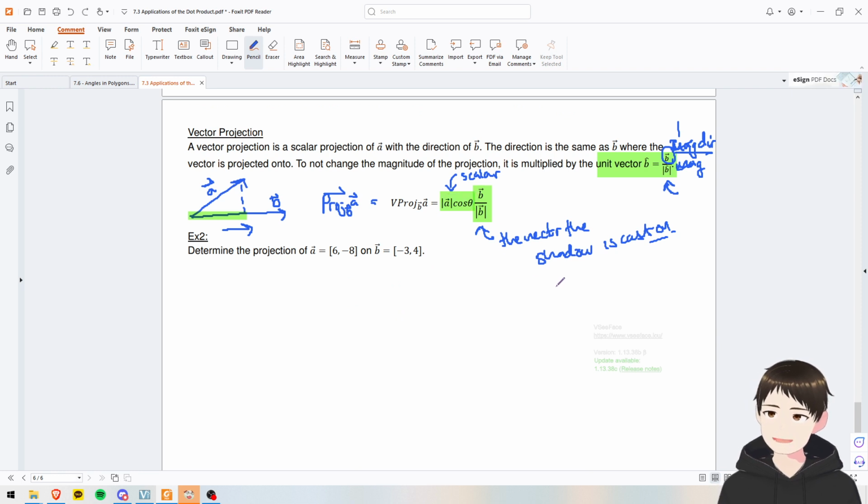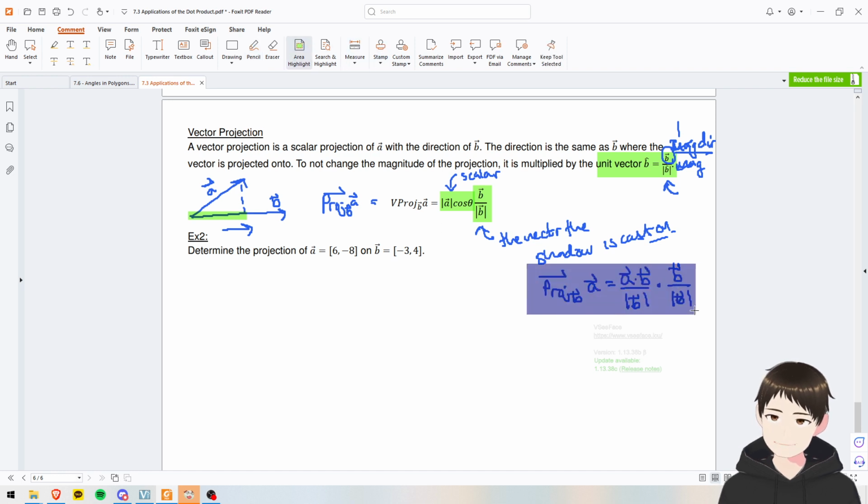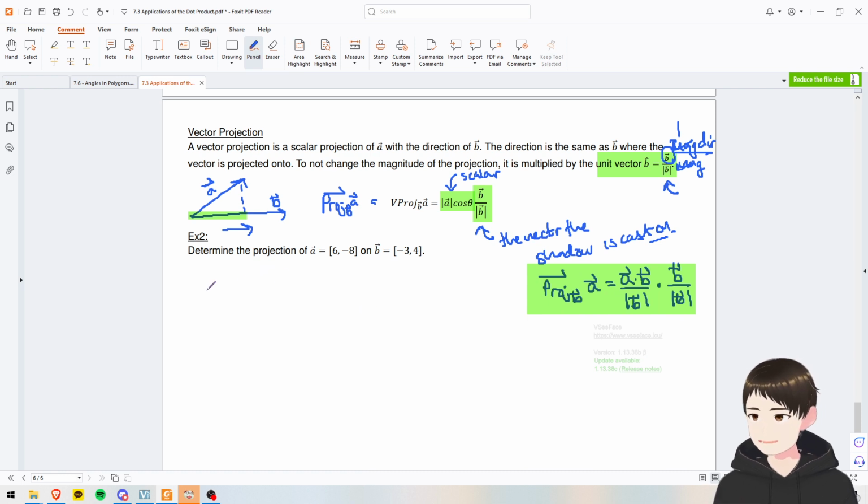I may have to be dealing with the form of the scalar projection of A onto B multiplied by B, like that. Okay, I think I'm gonna have to use this because they don't give you an angle and I don't want to calculate the angle.